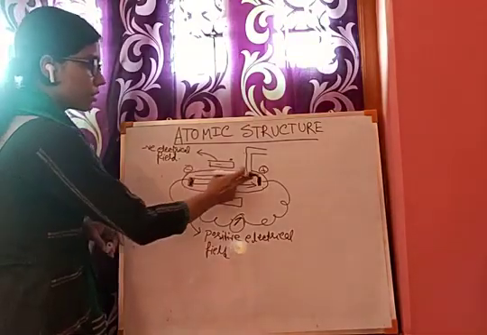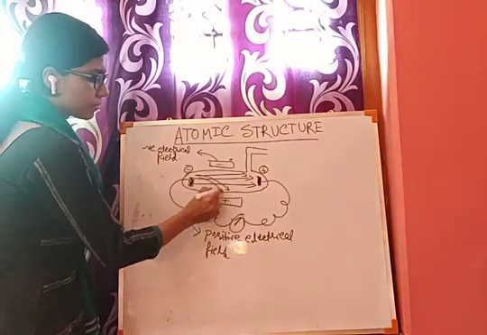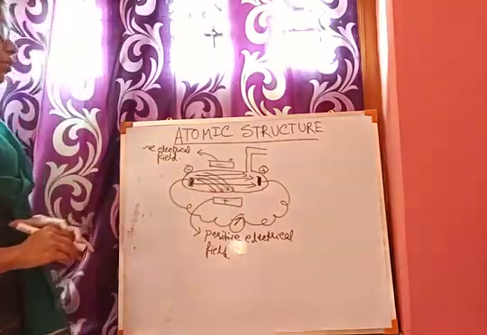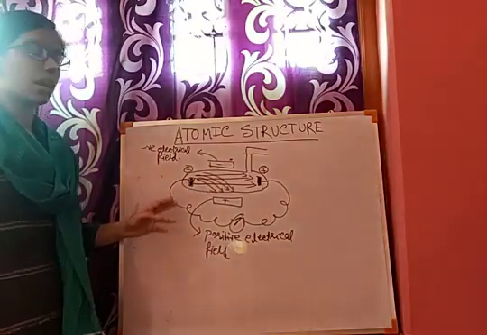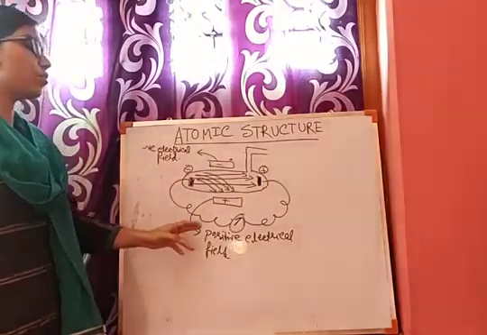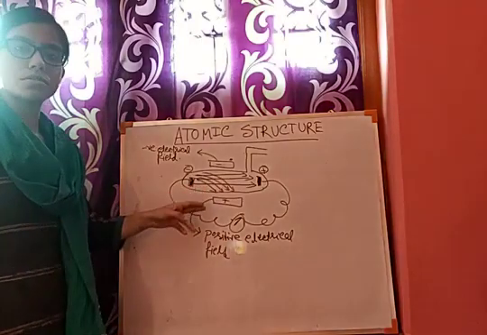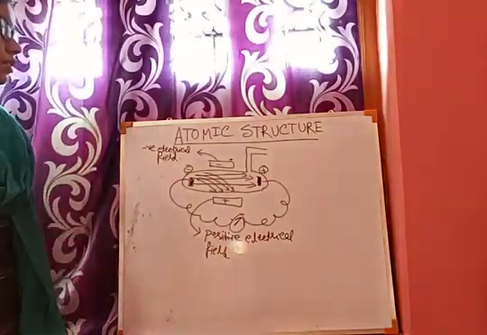Instead of going in a straight line, when the electrical field is applied, they are bending like this, towards the positive electrical field. So this is the confirmatory test that these cathode rays are definitely negatively charged. As they are bending towards the positive electrical field, that means they are attracted towards it and obviously negatively charged.